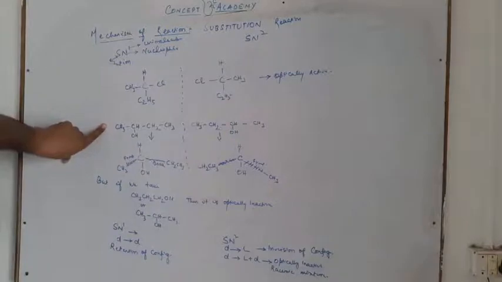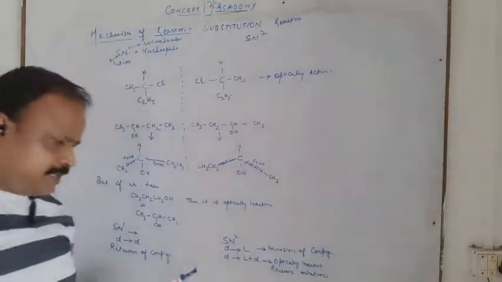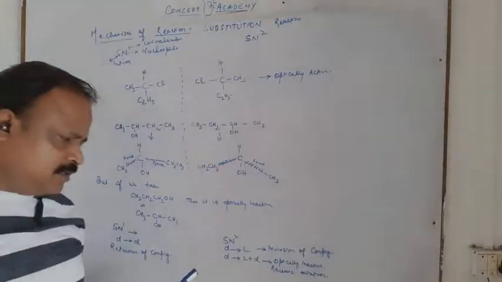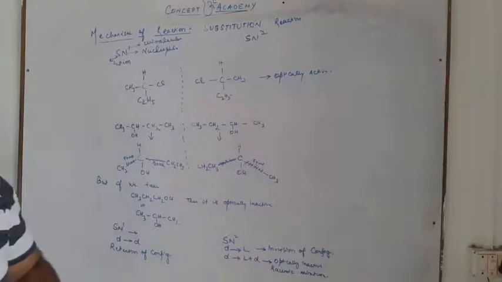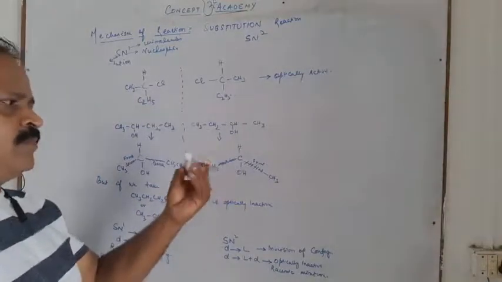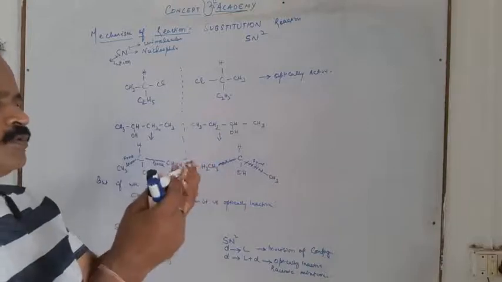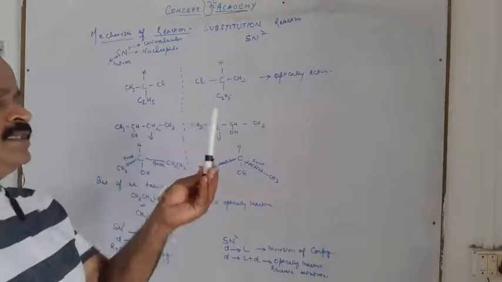First, let us try to understand how it forms. So this is the carbon. Suppose this is the carbon, and here on this side hydrogen is attached.